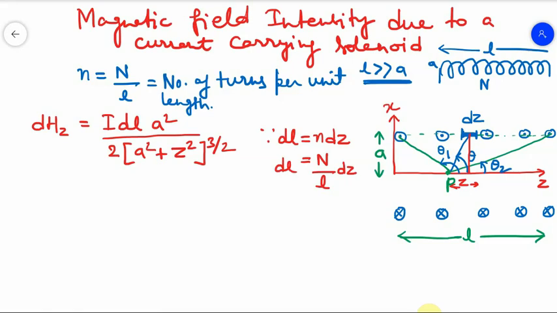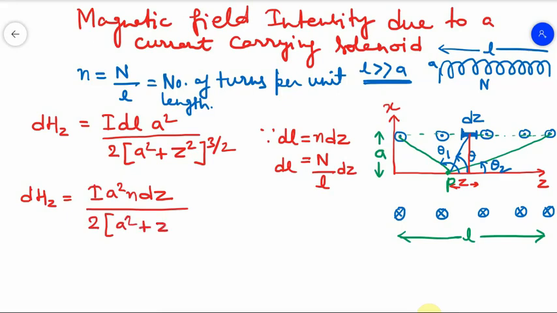Now what will be dHz? dHz will be equal to I a square N dz, we are substituting this value, upon 2 into (a square plus z square) to the power 3 by 2, and put it as equation 1.